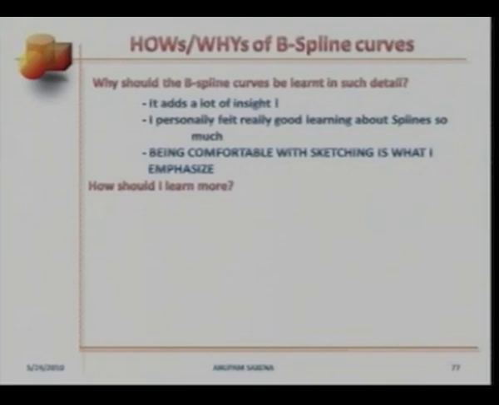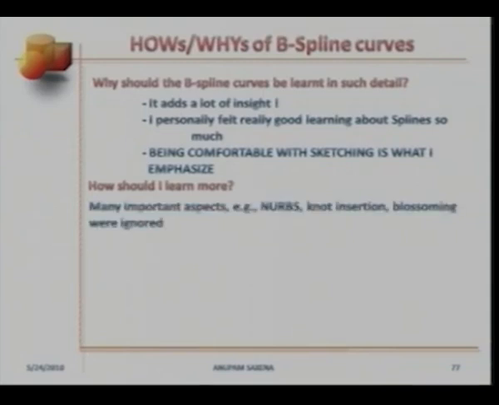But we have only learned just a little bit about those spline curves. How should I learn more? There are many more important things to learn about that we have not covered as a part of this course. For example, non-uniform rational B-splines or NURBS, and knot insertion algorithms.